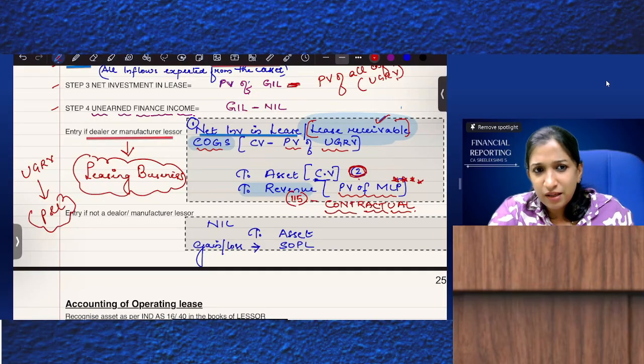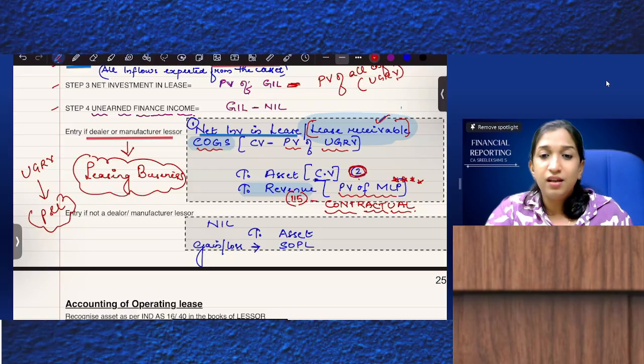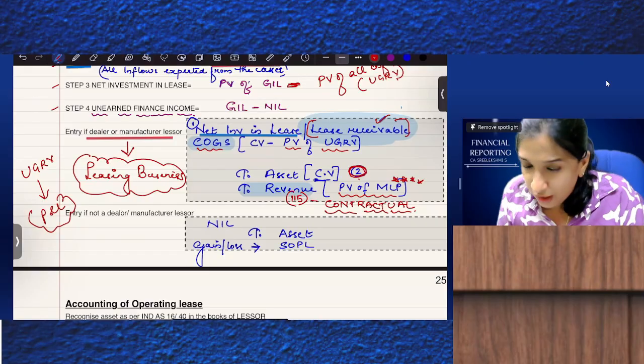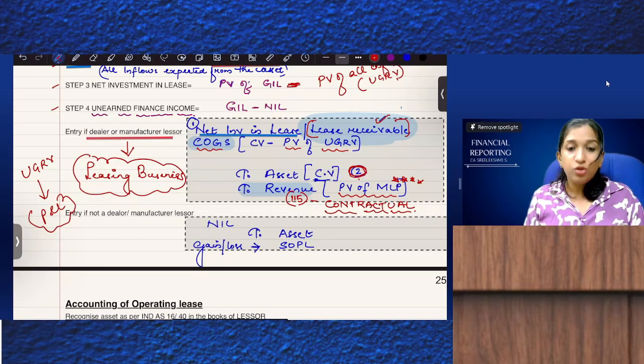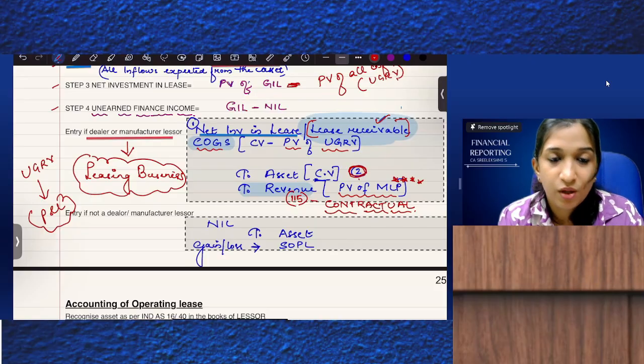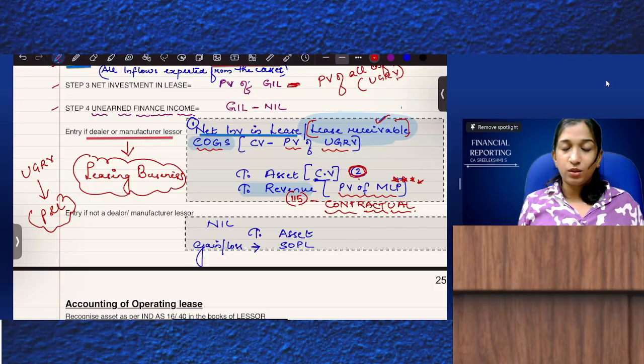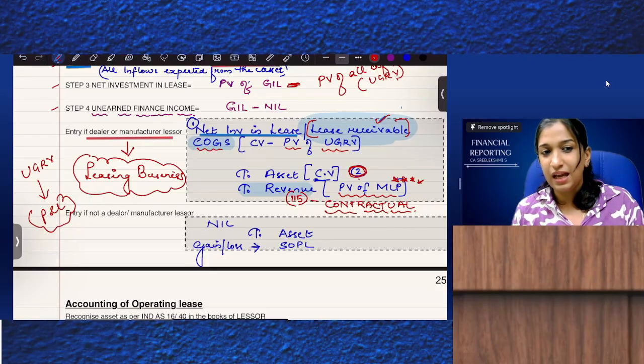Asset carrying value will be credited, but for calculation of P&L profits, you should not take UGRV. Only for net investment in lease calculation can you take unguaranteed residual value.